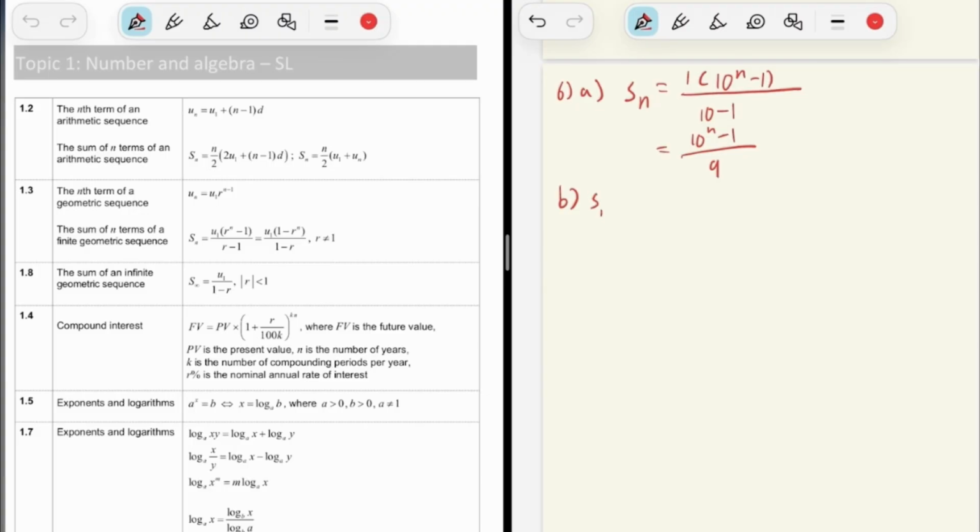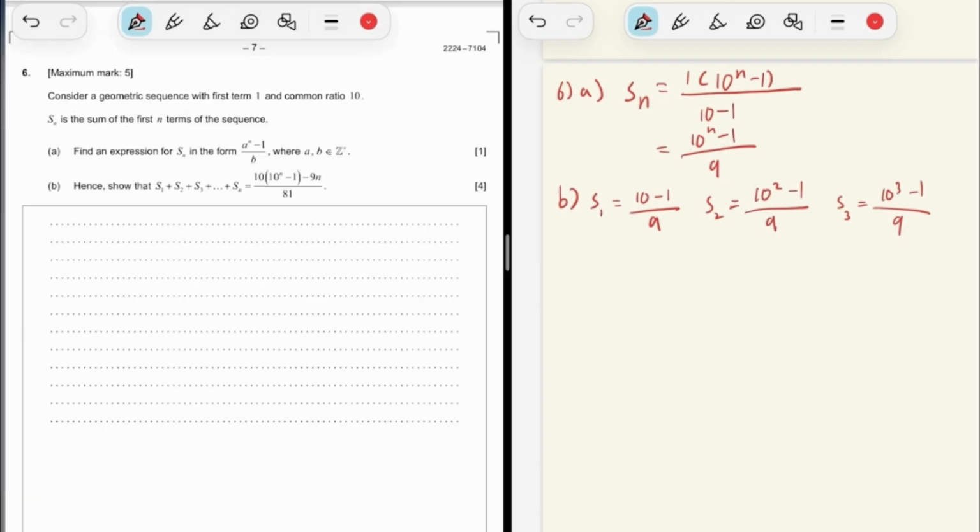If you look at these, S1 will be 10 minus 1 over 9. S2 will be equal to 10 squared minus 1 over 9. And S3 equals 10 cubed minus 1 over 9. So as you can see, the denominator does not really matter because it's a common denominator.